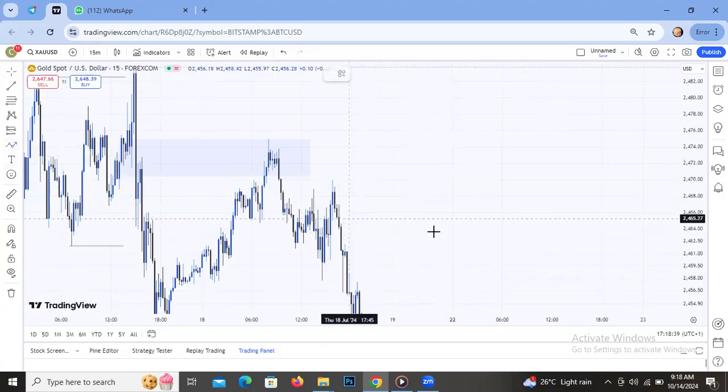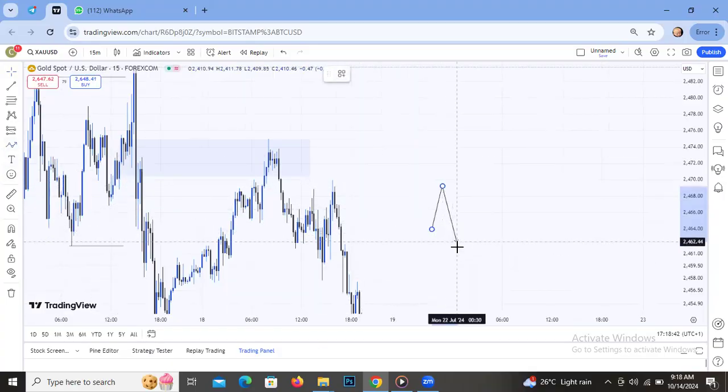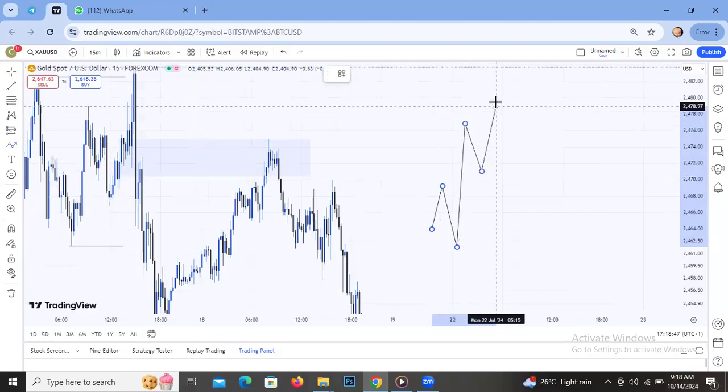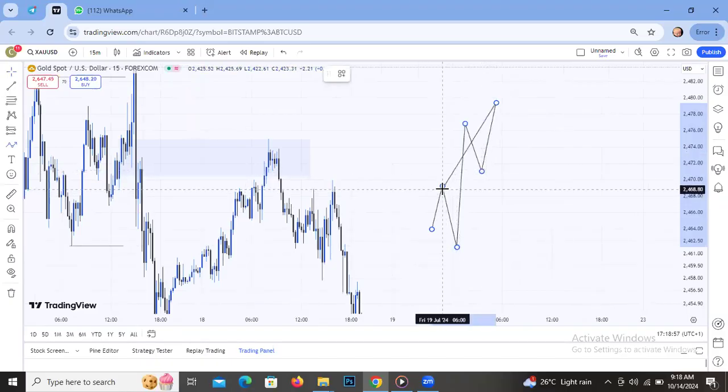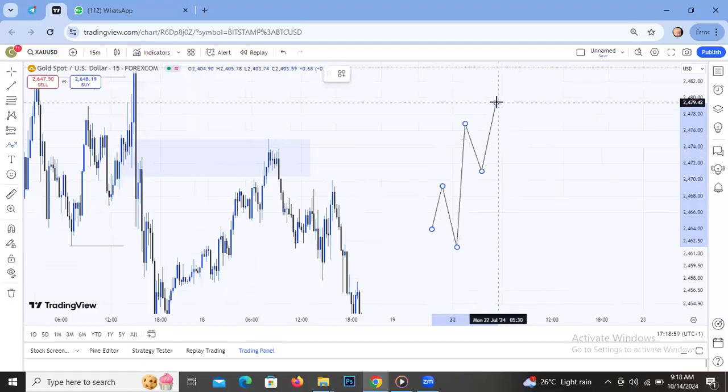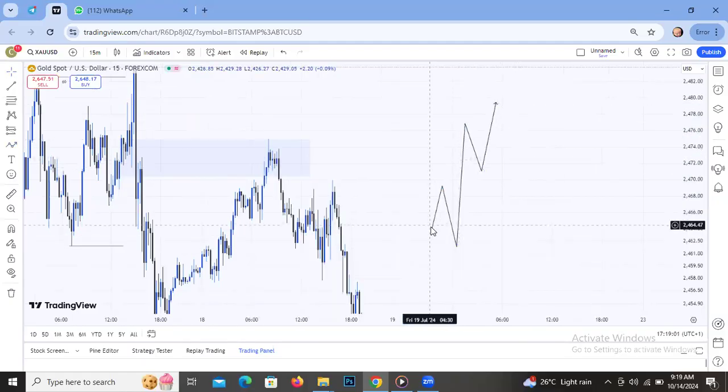So in case something like this happened, we have something like this, and the market created liquidity. Instead of waiting for this order block, this is the liquidity, and we have our breaker block here, and this is our order block. Pay attention, please.